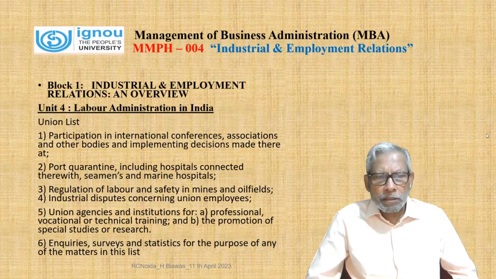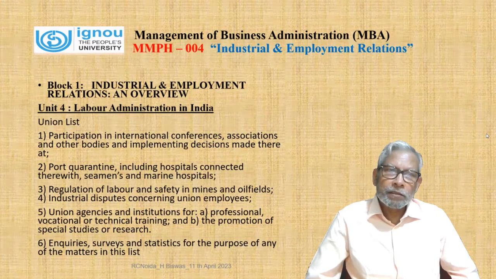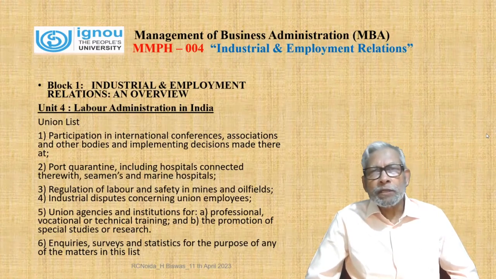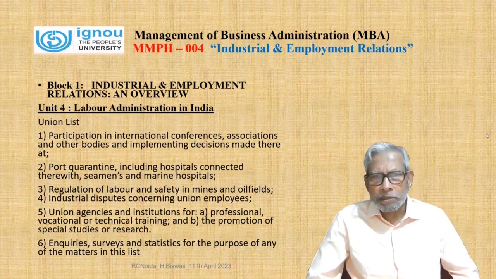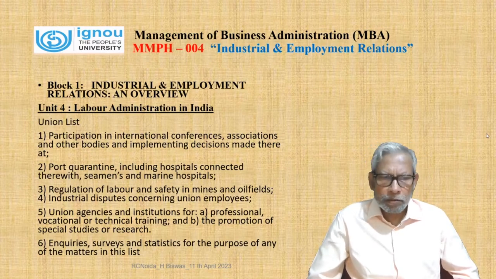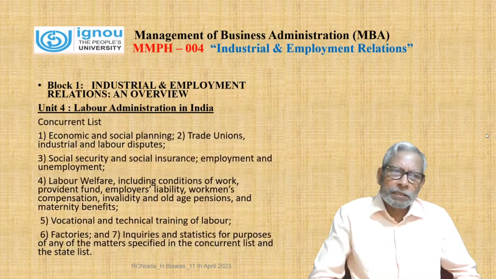Then inquiries, surveys, and the statistics for the purpose of any of the matters in the list. So, if any inquiries are required or a survey is required, any data, basically the data is required, that part also is for the purpose of the list. Now, concurrent list.